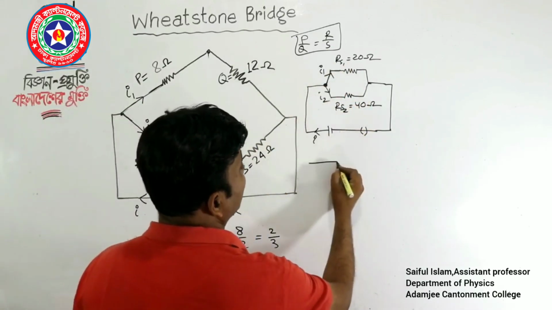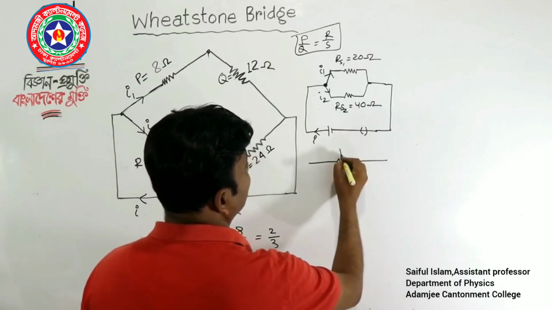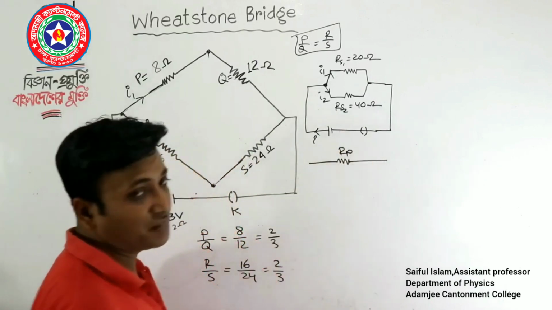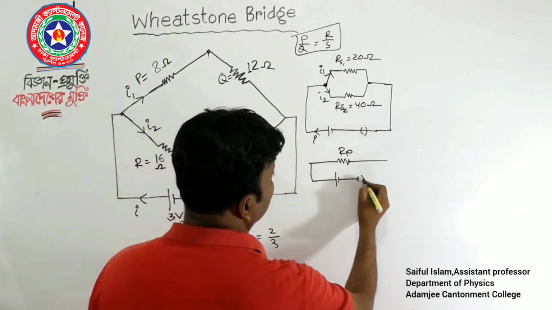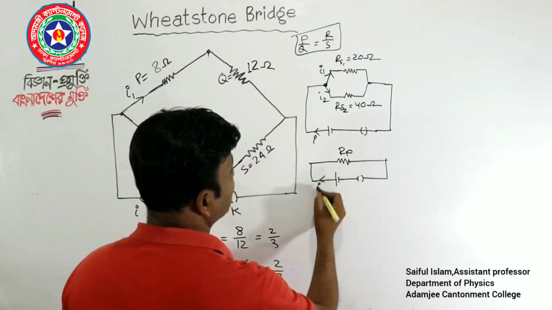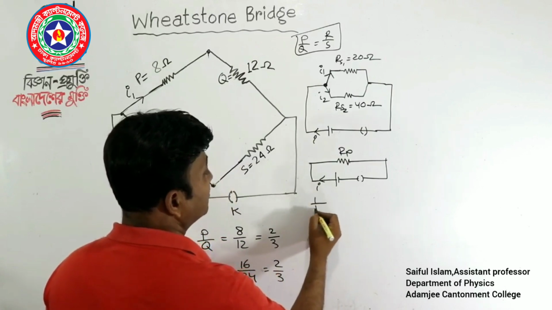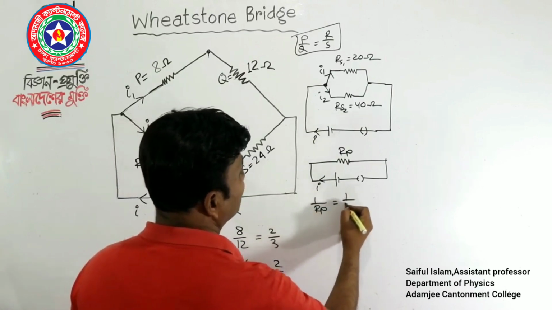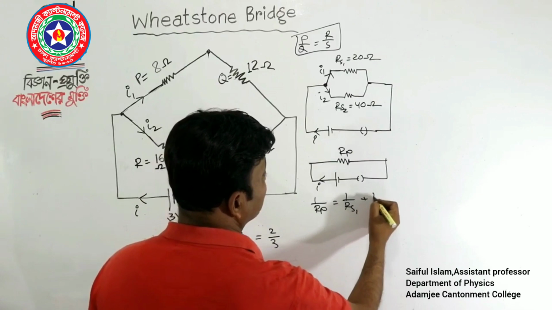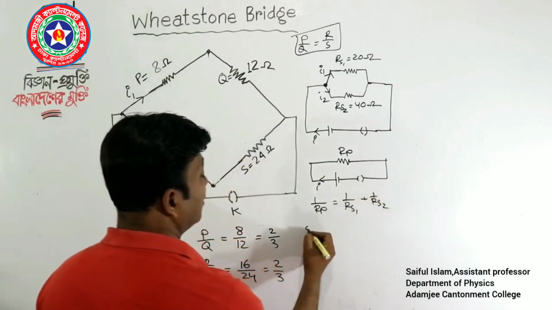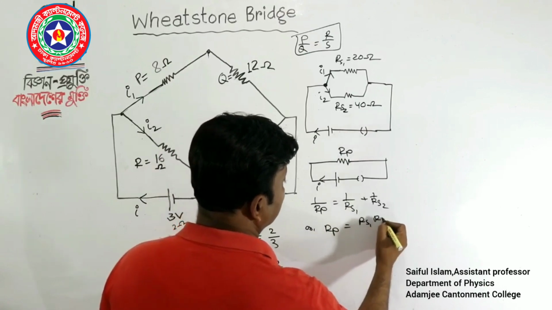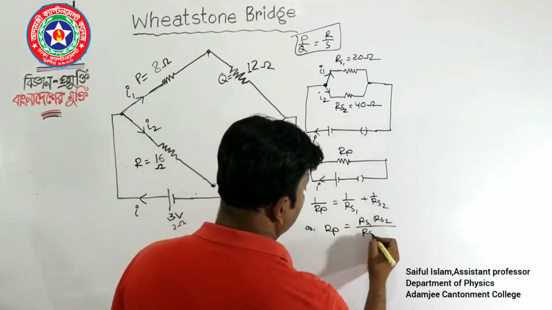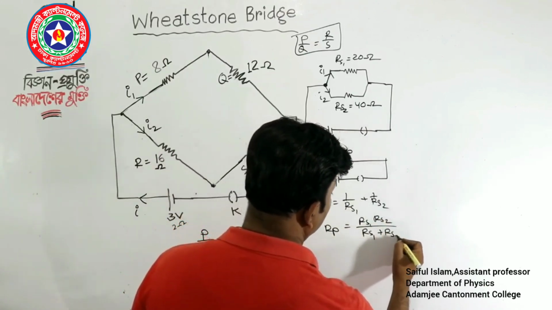So we can rearrange it again, and the equivalent resistance is RP. The value of RP we can calculate as 1 by Rp equals 1 by Rs1 plus 1 by Rs2, or Rp equals Rs1 times Rs2 divided by Rs1 plus Rs2.